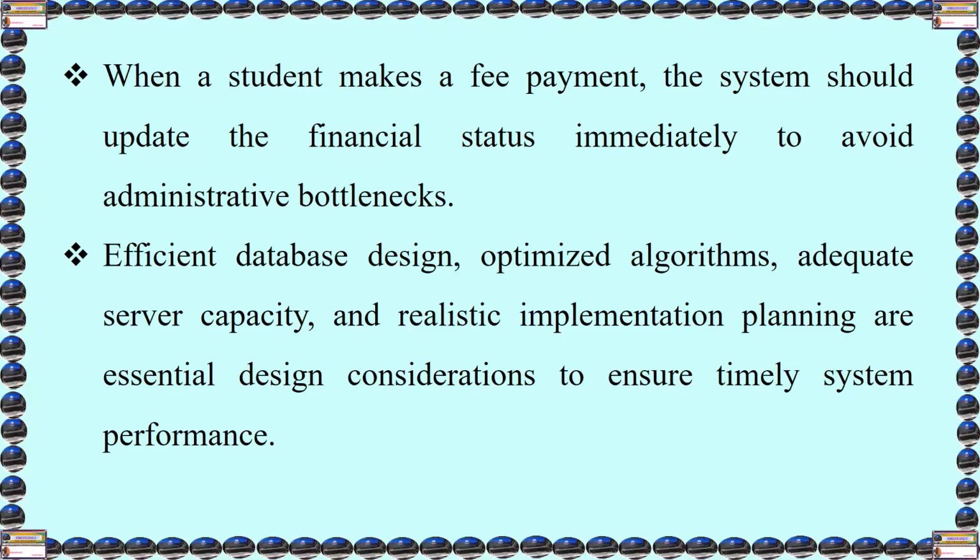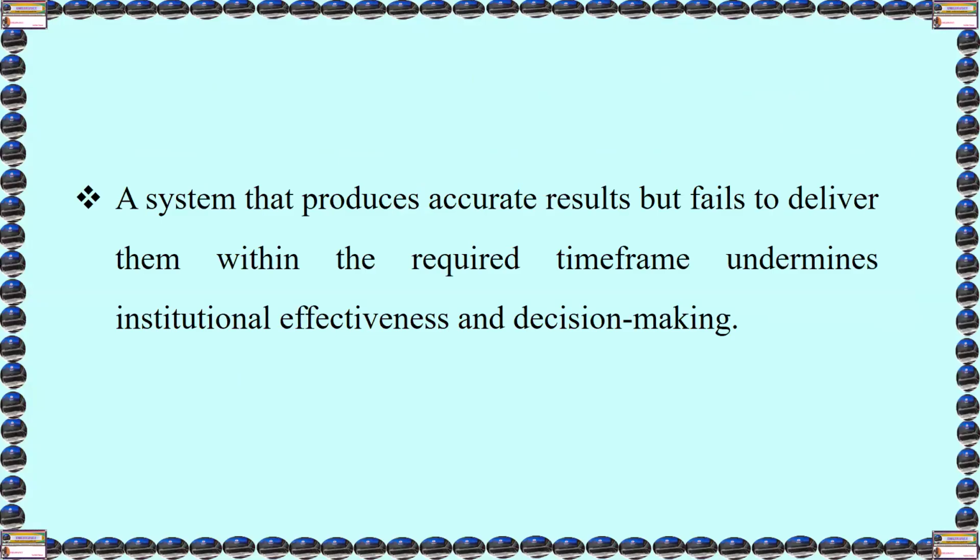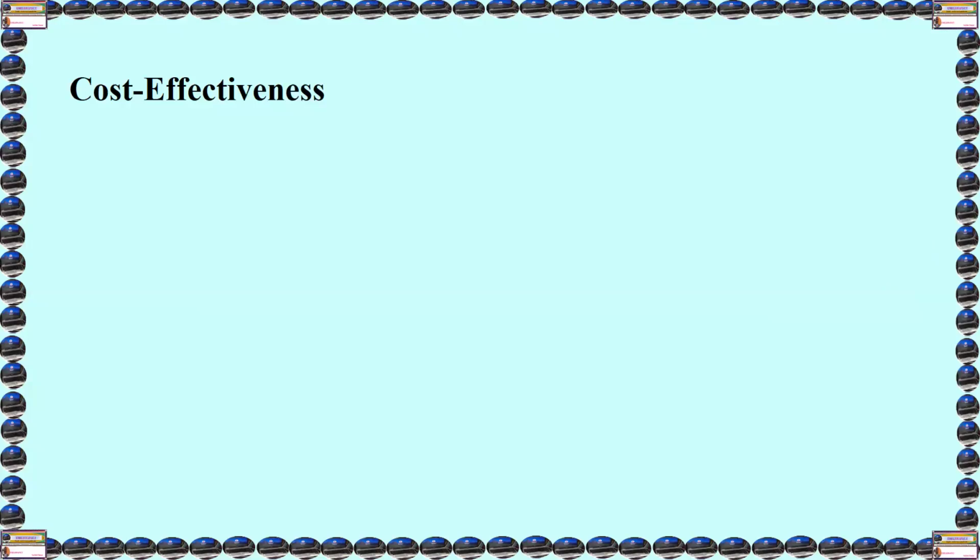Efficient database design, optimized algorithms, adequate server capacity, and realistic implementation planning are essential design considerations to ensure timely system performance. A system that produces accurate results but fails to deliver them within the required time frame undermines institutional effectiveness and decision making. What about cost effectiveness?